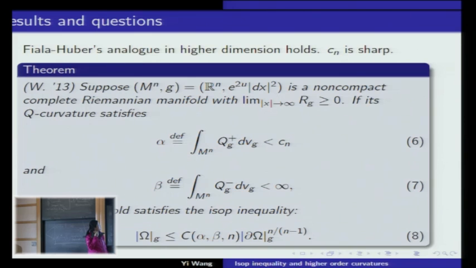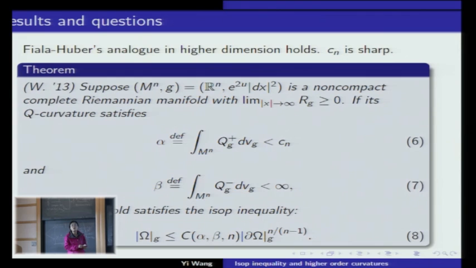Okay, so here we assume a little bit more than in the 2-dimensional case. Intuitively, the negative part of the curvature should not make a difference to the isoperimetric inequality. However, there's some technical reason that we need to assume the negative part of Q curvature is integrable. However, as long as this number is finite, it would not influence the isoperimetric inequality.